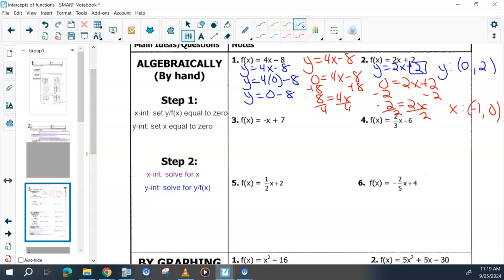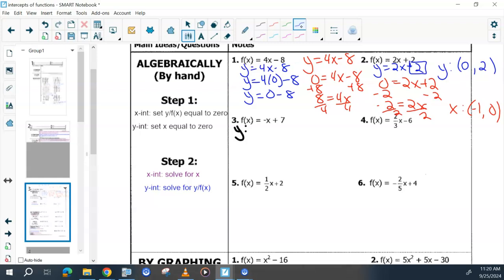So let's start with the y-intercept. The y-intercept of number 3 would be what? So we're just looking at the y-intercept.